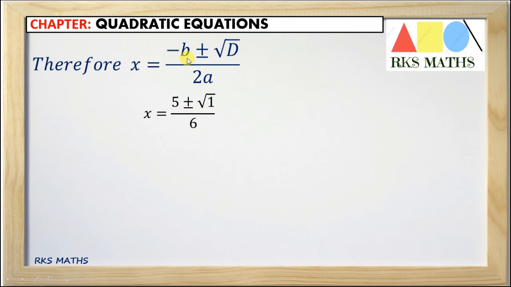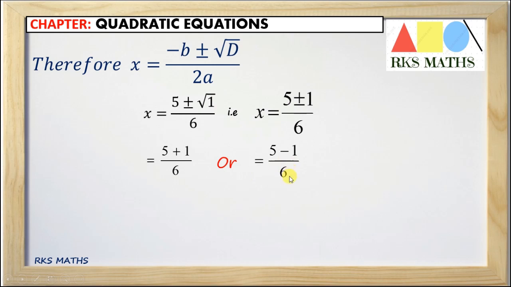Since the value of b was minus 5, minus into minus 5 is equal to plus 5, plus minus under root 1, putting the value of D as 1, upon 2 into 3, putting the value of a as 3, 2 into 3 is equal to 6. The square root of 1 is 1, so it becomes 5 plus minus 1 upon 6, equal to 5 plus 1 upon 6, or you can say 5 minus 1 upon 6.